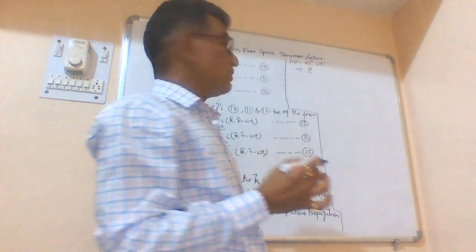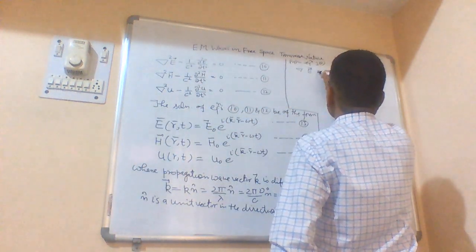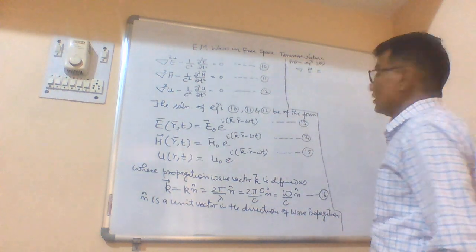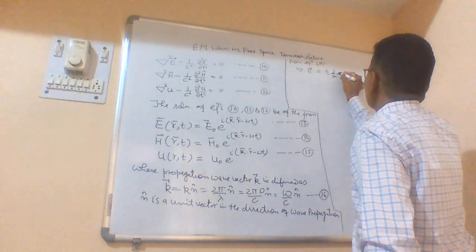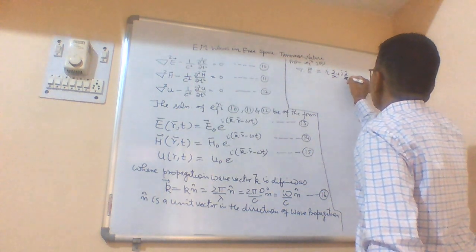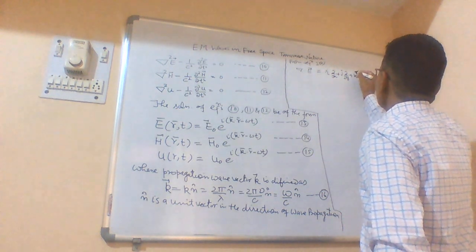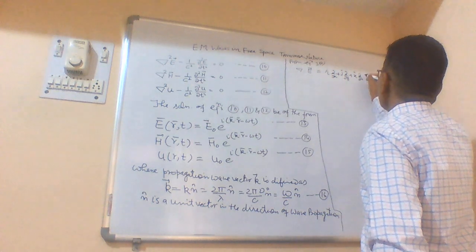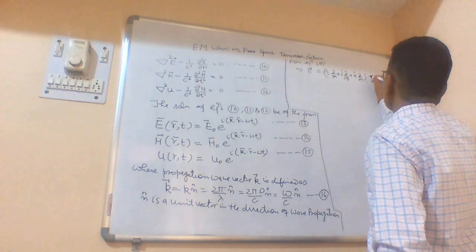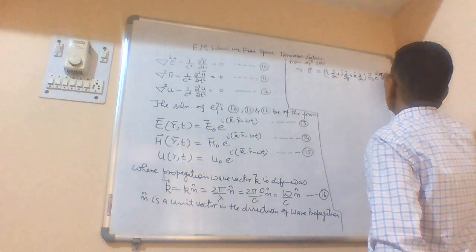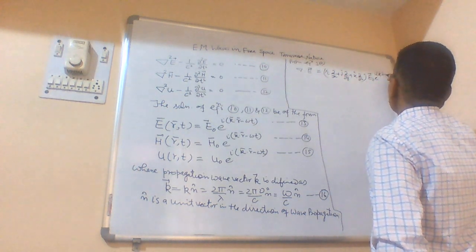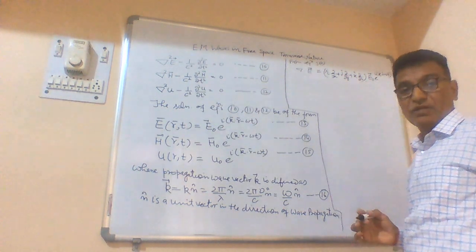Del dot E, the value of del is i delta upon delta x, j delta upon delta y, k delta upon delta z dot E naught e raised to the power i (k dot r minus omega t).